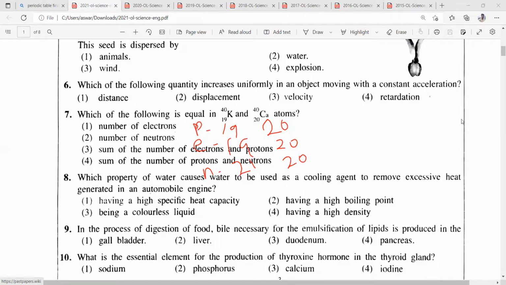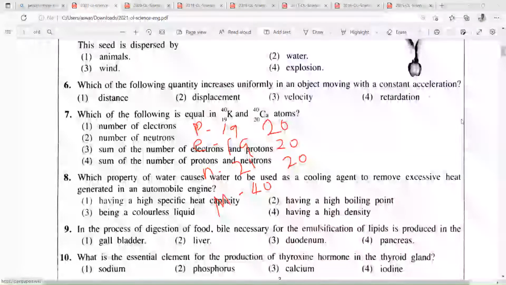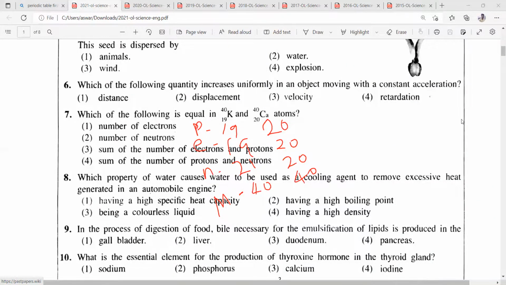Right. What is the mass number for potassium? 40. Right. For calcium? 40. Yes, okay. What does it mean by mass number?